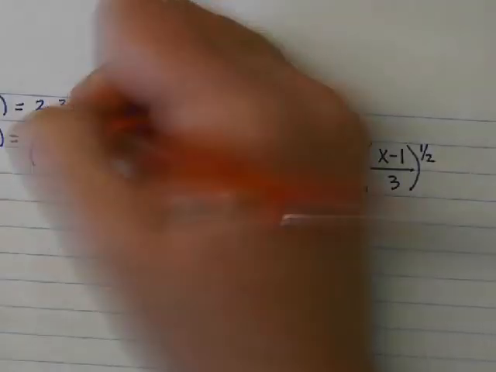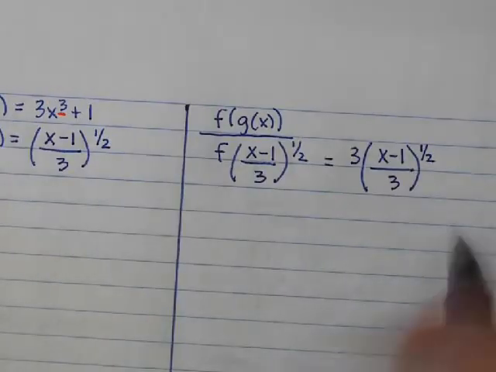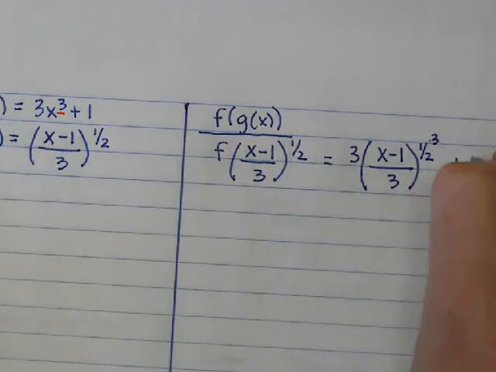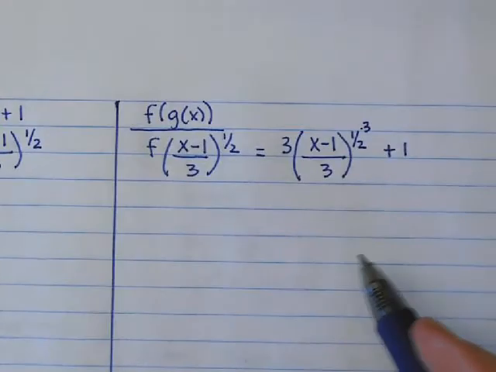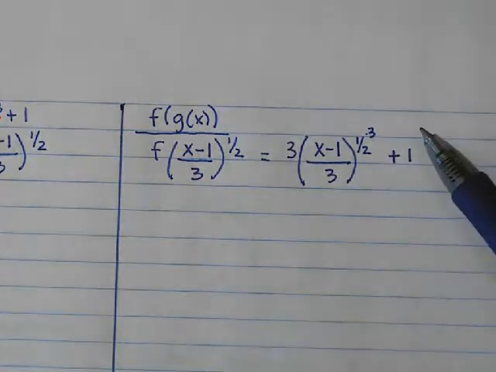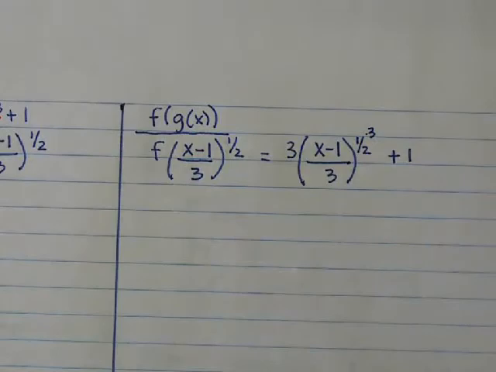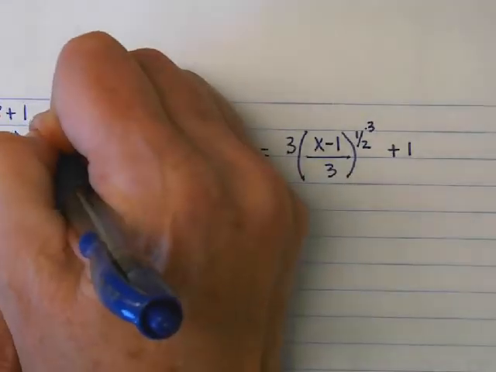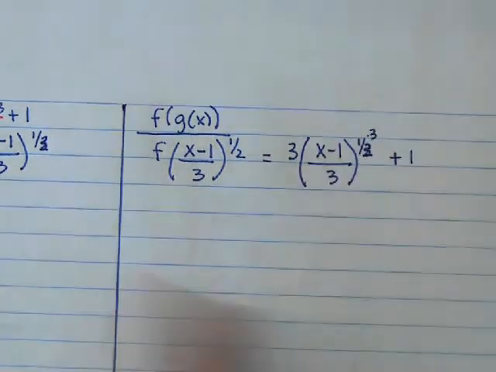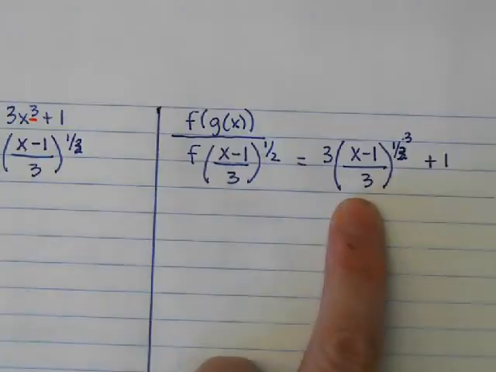So remember, I got to get that up there as well. So there's a 3 out there, power to a power, plus 1. Okay, so we might have to remember some of our exponents. Oops, you know what, I wrote this wrong. This should have been 1/3. So let's make this 1/3. Okay, that'll make it a lot easier.